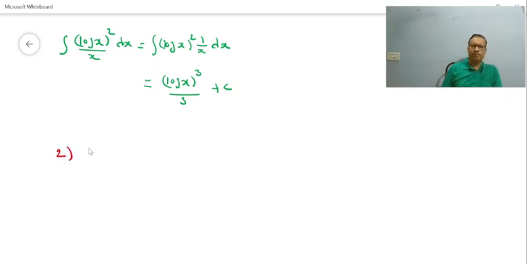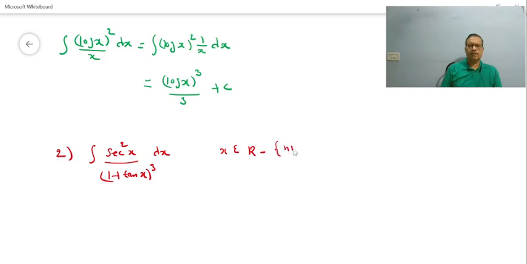So, integral of sec²x by (1 + tan x)³ dx, where x belongs to R minus the set of nπ − π/4 such that n belongs to Z.